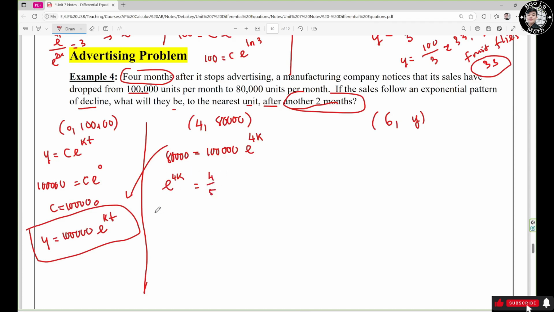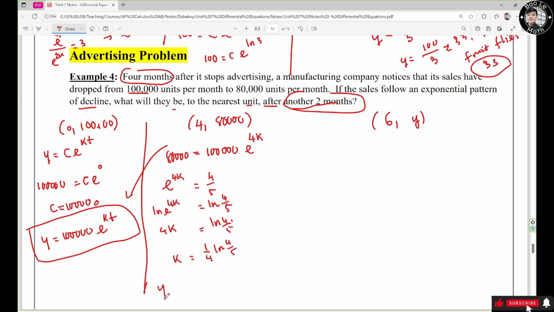Take natural log both sides, so you have natural log of e raised to the 4k equals natural log of 4 over 5, right? So you have 4k equals natural log of 4 over 5, right? So k equals 1 over 4 times natural log of 4 over 5, right?